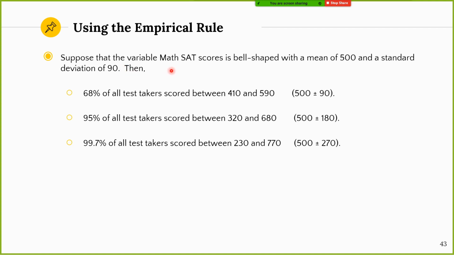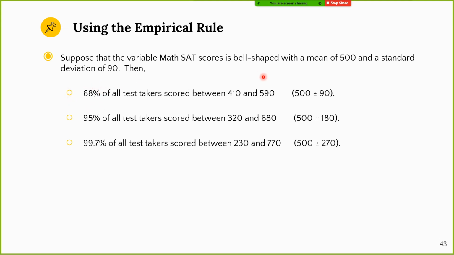Okay, let's use this empirical rule. The mean plus minus 1 times the standard deviation consists of 68% of all the data that we have.